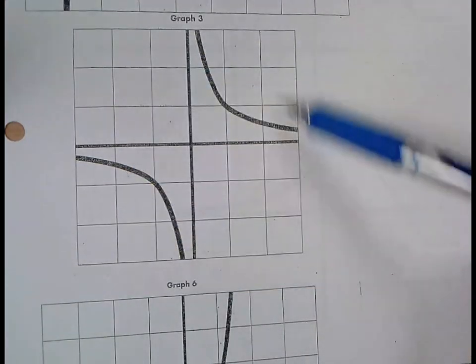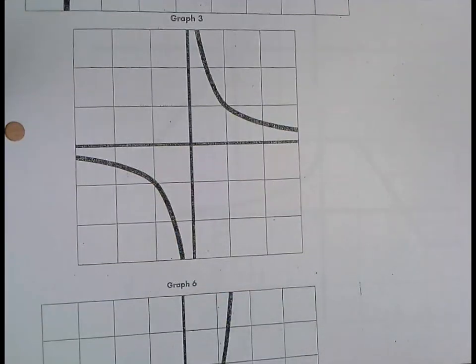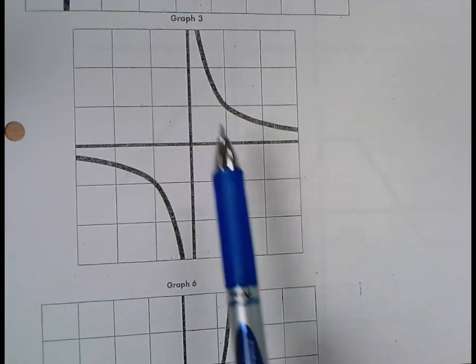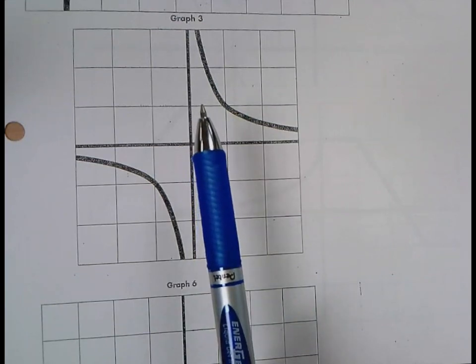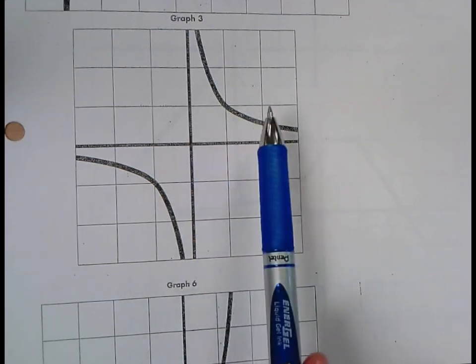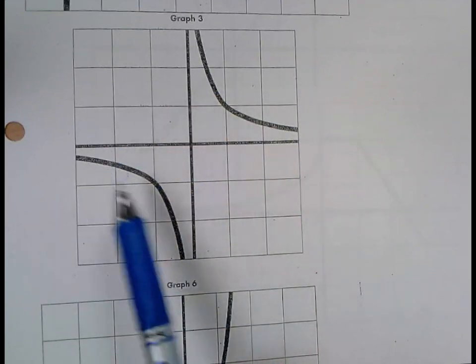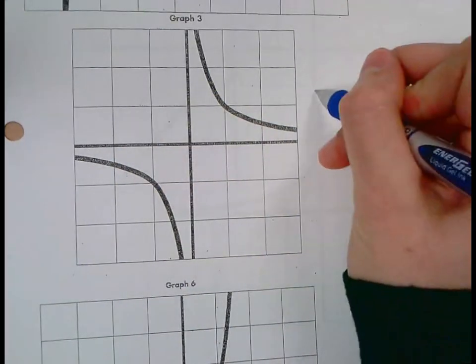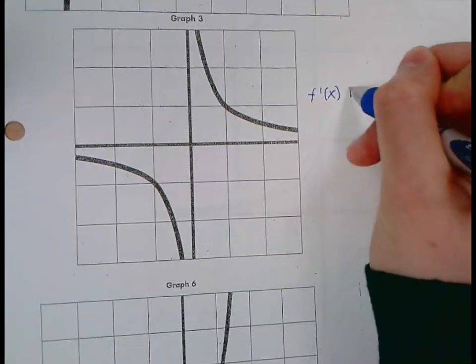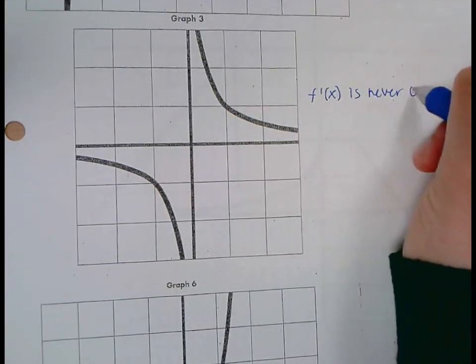So for this graph, guys, I need your attention. Does this graph have any horizontal tangent lines? No. So again, f prime of x, I'll write this one correctly, is never 0.